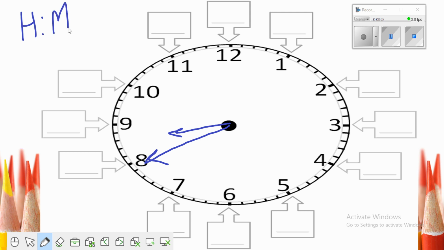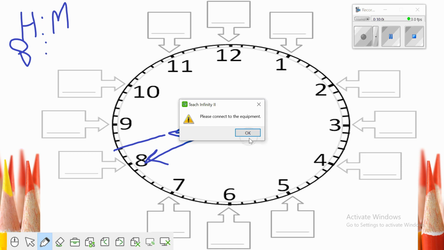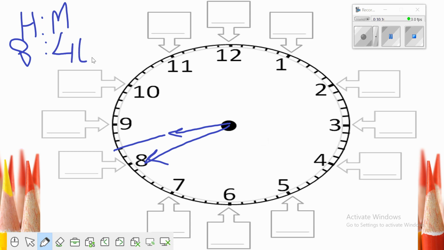It's just counting. What about the hour now? It's 9? No, it will be 8, so it's still 8. How many minutes for 8? I will multiply 5. 5 multiplied by 8 is 40. So 8, 40 minutes. This is HM. This is in a digit form.